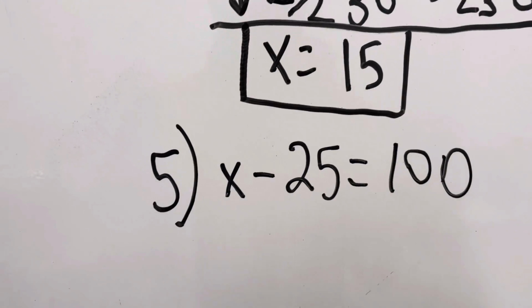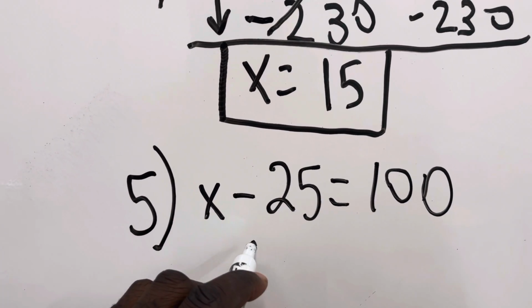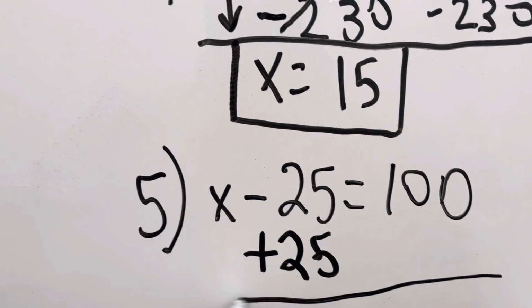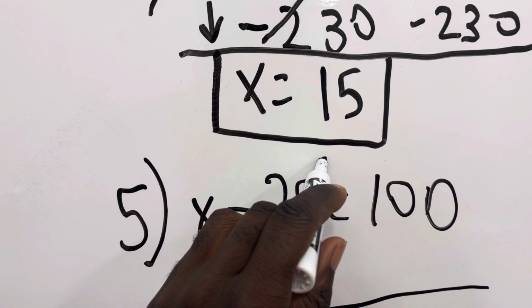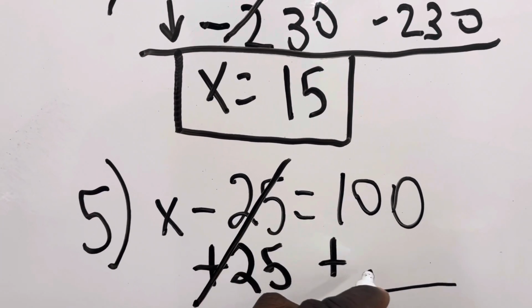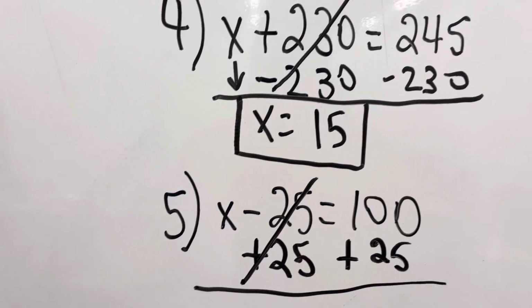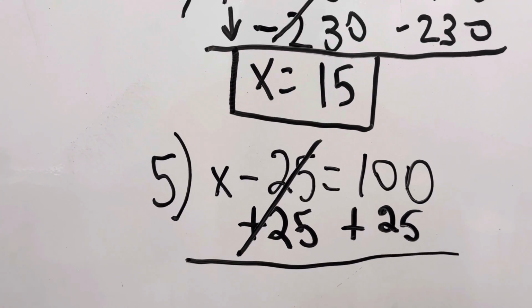Same step, straightforward. Let's get x to itself. Cancel. And this time, you know what? I was a little too fast on this one.